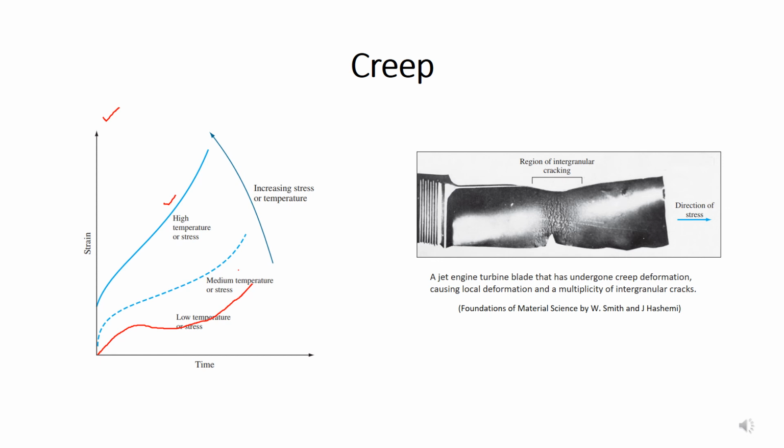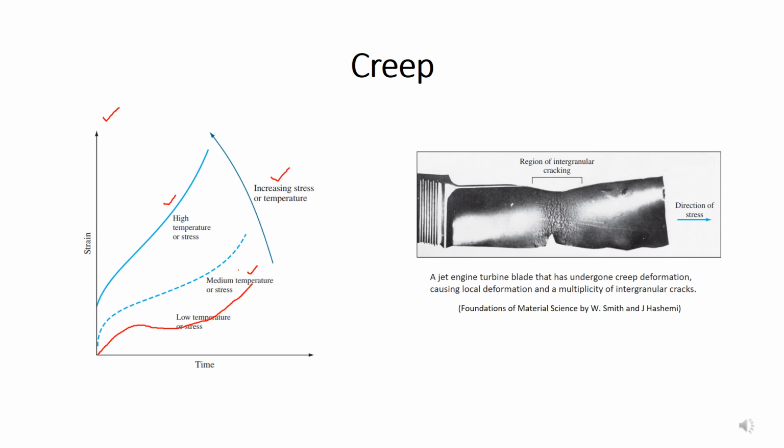So when the temperature is increased and stress is increased, the strain increases at a higher rate. It means that the rate of creep increases as we increase the value of stress, meaning the magnitude of load, or the value of temperature. At higher temperature and higher stress value, creep increases.